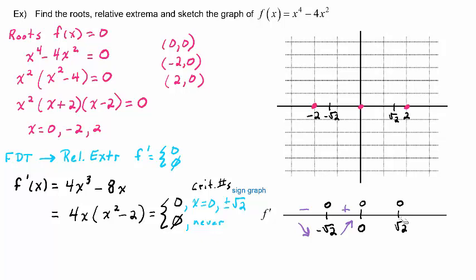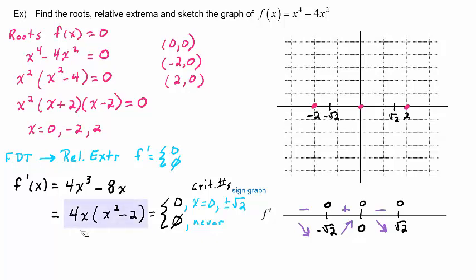Between 0 and radical 2, we can use a test point of 1. We would have a positive times a negative is a negative, so the graph will decrease. And in the interval from radical 2 to infinity, we could use positive 2.